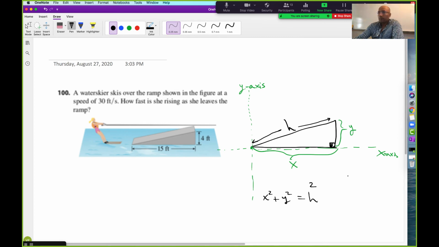Good. Okay, so now we can take derivatives. Let's take derivatives with respect to x and see what we have. Now, we do have a particular point here, so let's redraw this.